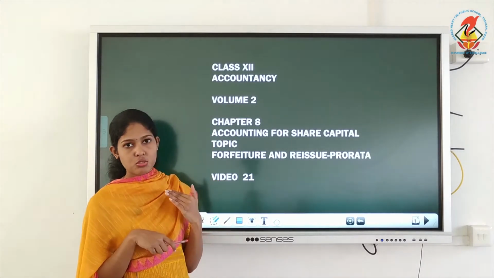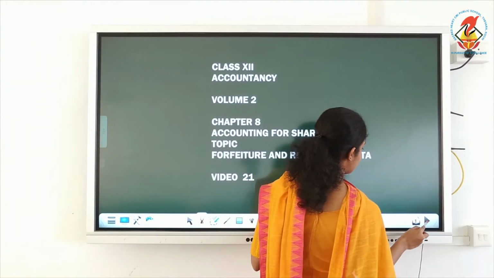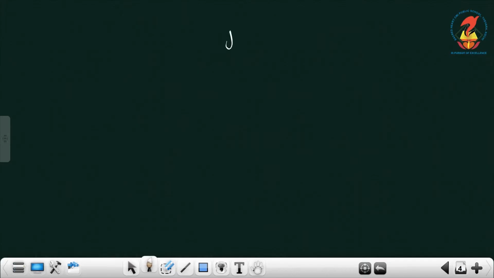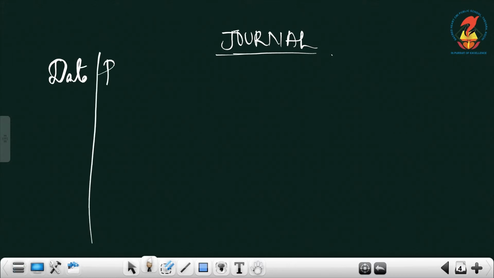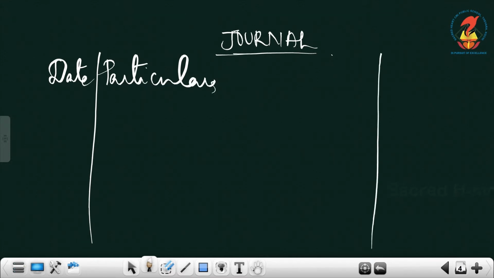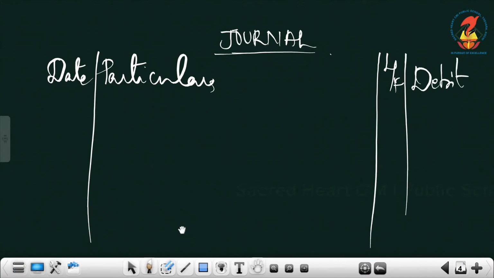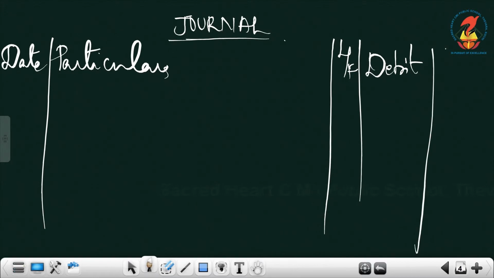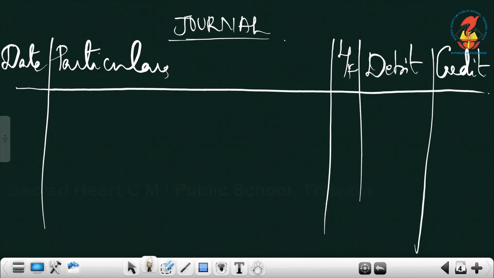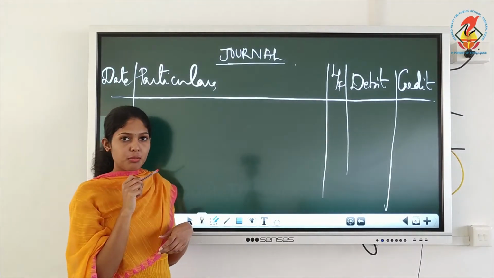So now we'll move on to the journal entry section. Draw the format of journal.